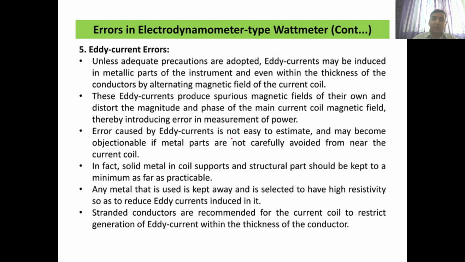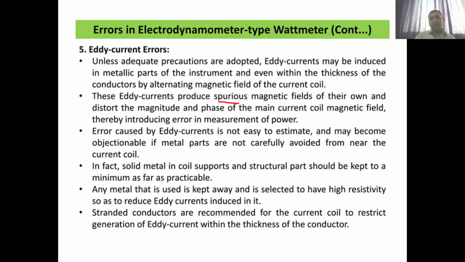This alternating magnetic field causes eddy currents in the core, and these cause overall power losses, the eddy current losses in the system. The eddy currents produce a spurious magnetic field of their own and distort the magnitude and phase of both the current coil and the pressure coil fields.